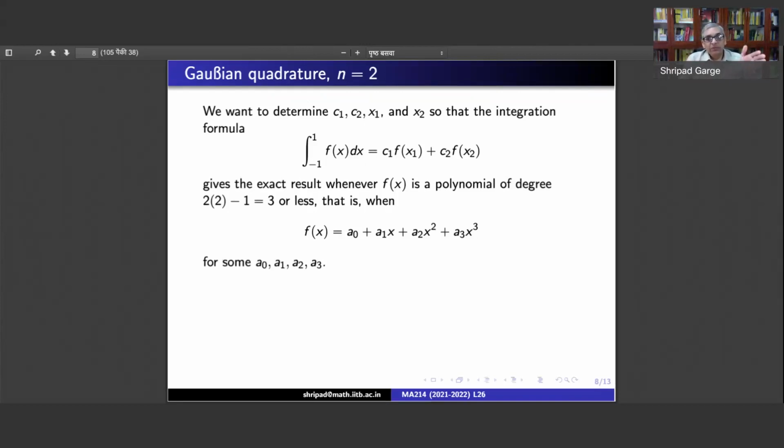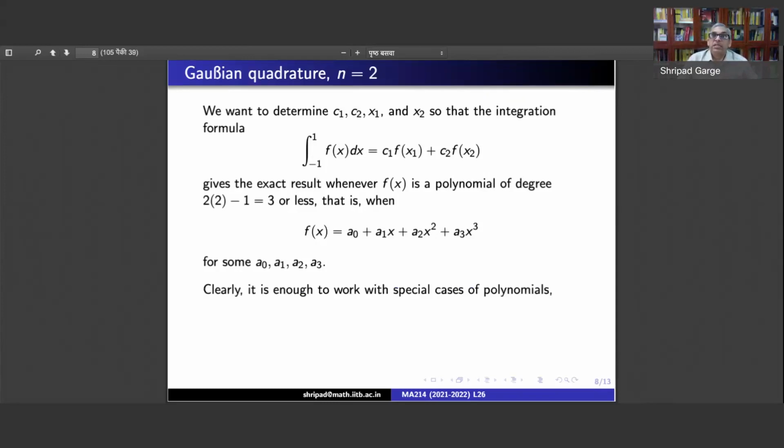Of course, if you want the answer to be exact for all such polynomials, it is enough to look at the special cases, which are the constant polynomial, the polynomial x, x square and x cube, because the right hand side is additive and the left hand side is additive. So it's enough to work with the special cases f(x) equal to 1, or f(x) equal to x, or f(x) equal to x square, or f(x) equal to x cube.